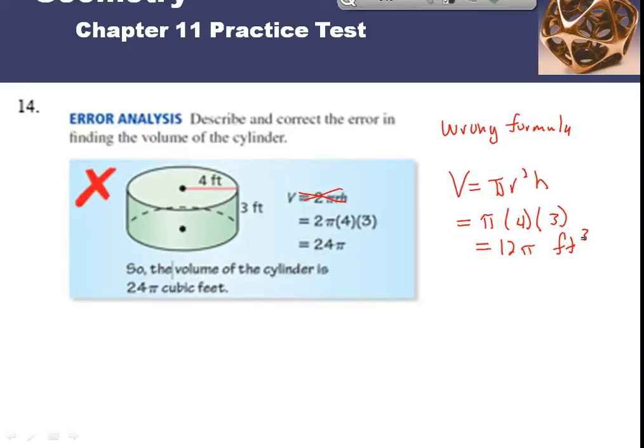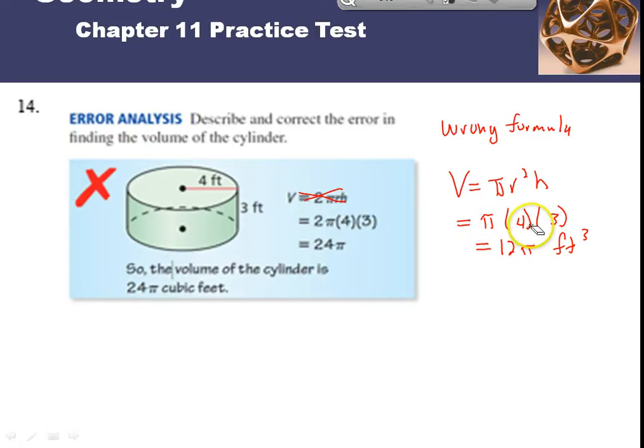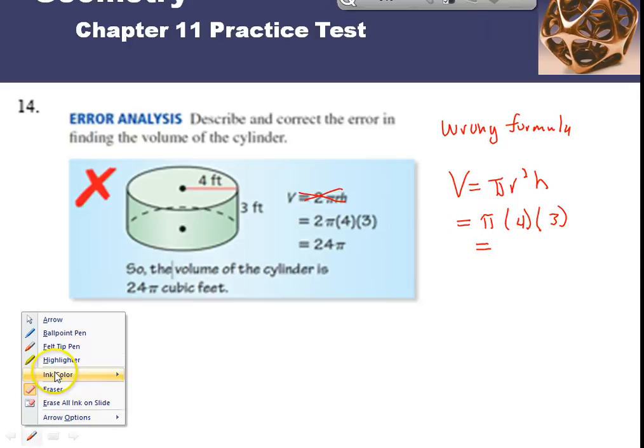Oh no, that's wrong. Sorry, let's fix that. Okay, let's erase. I forgot to square. Okay, let's try this again.